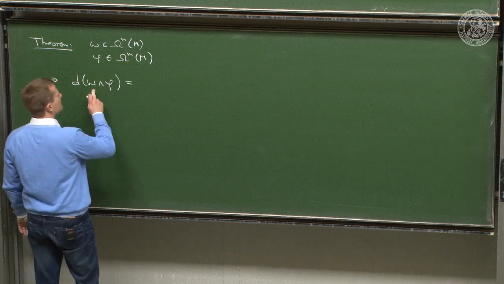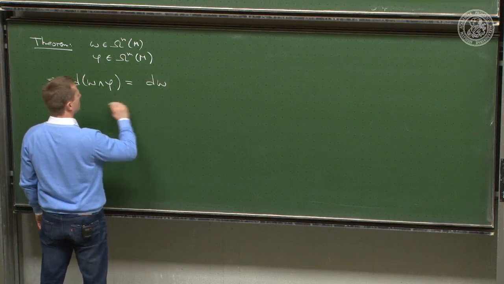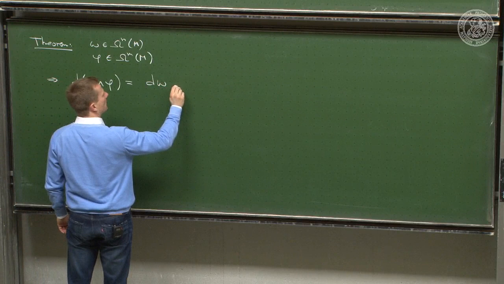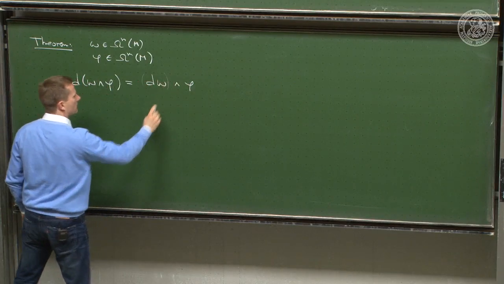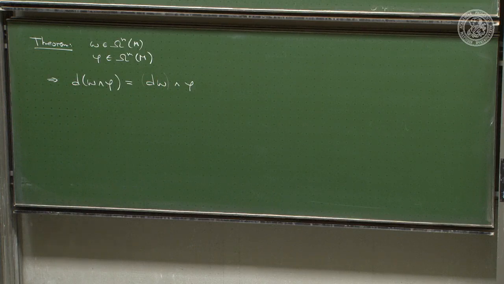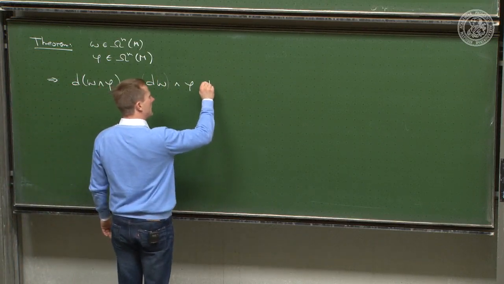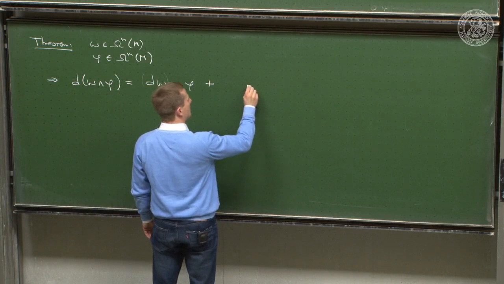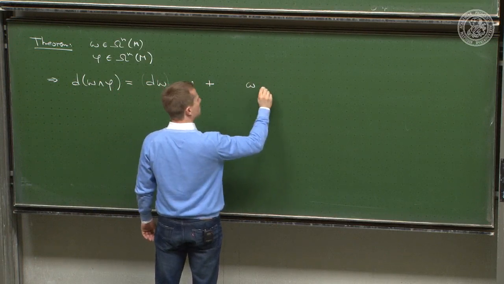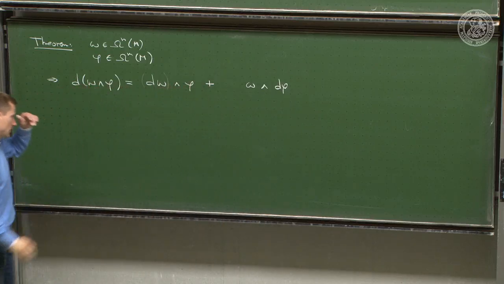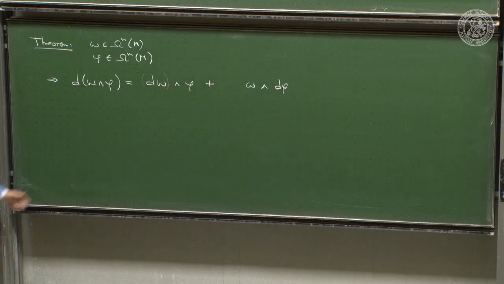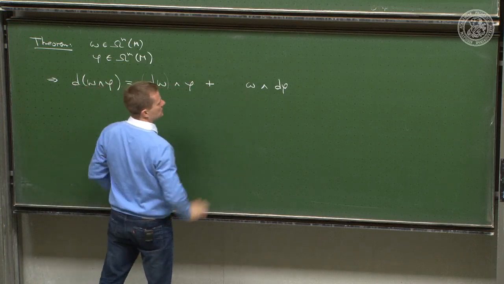And in fact, what it is, you act on the first one, all right, so that's d omega, and then afterwards you take the wedge. Well, if you want, you can put brackets around here. And if it was an ordinary Leibniz rule, you'd put a plus, and then you'd keep the first one, and you apply the derivative operator to the second part, and that would be the Leibniz rule.